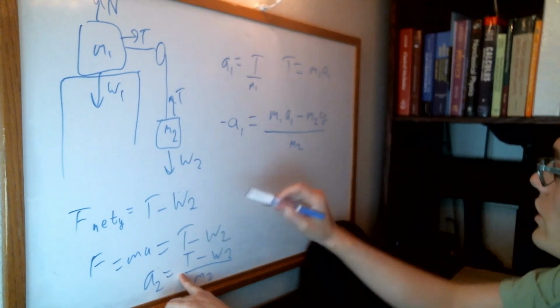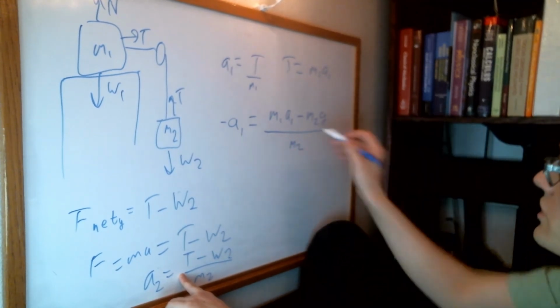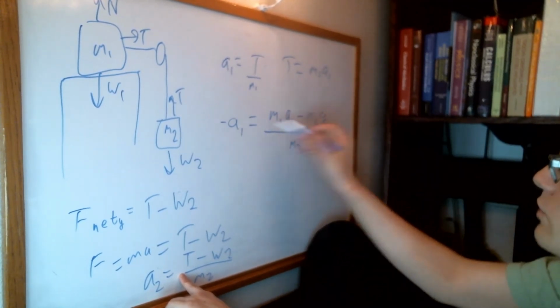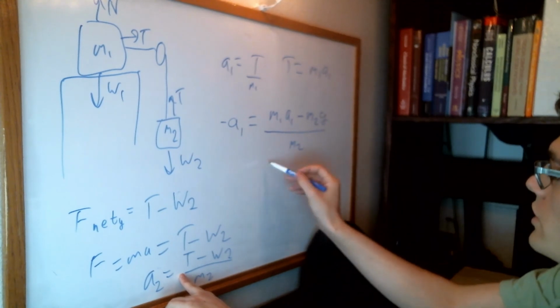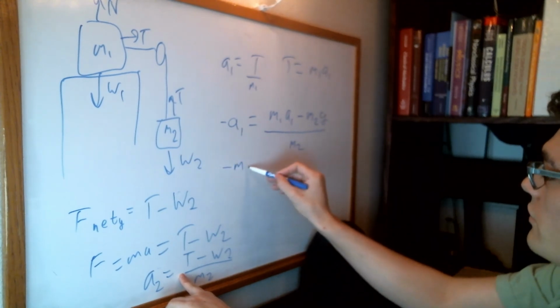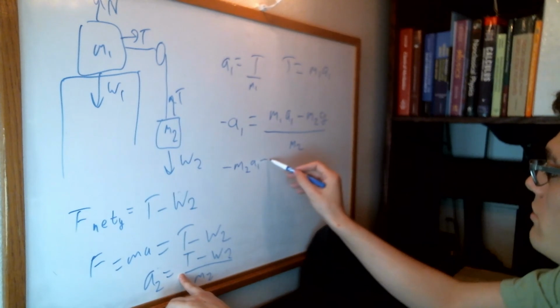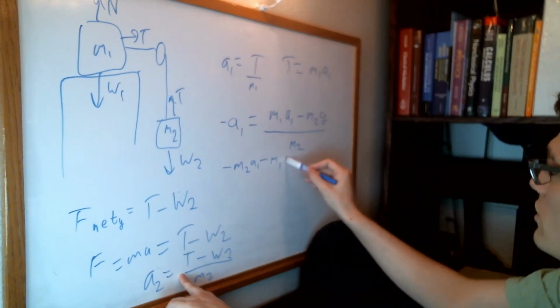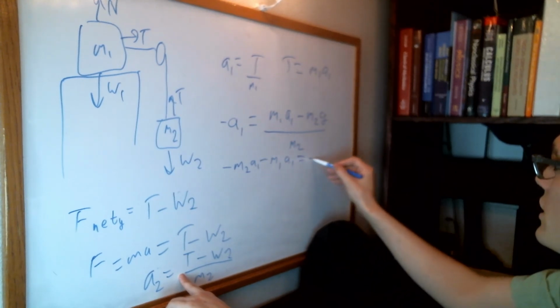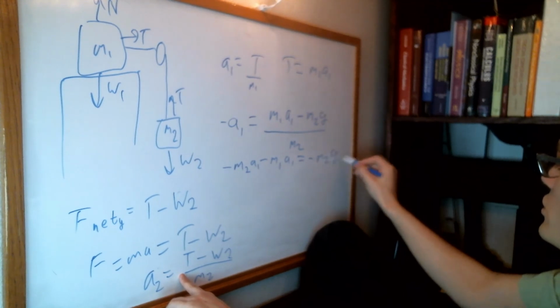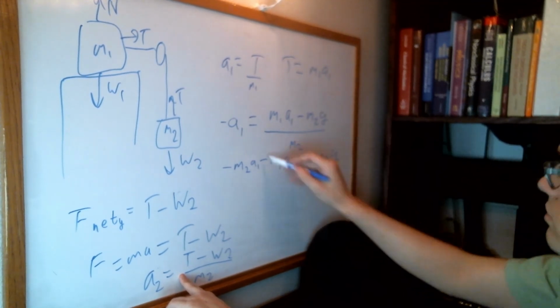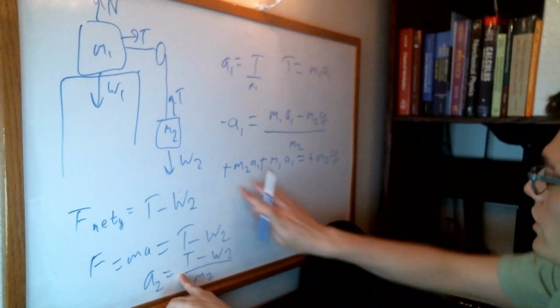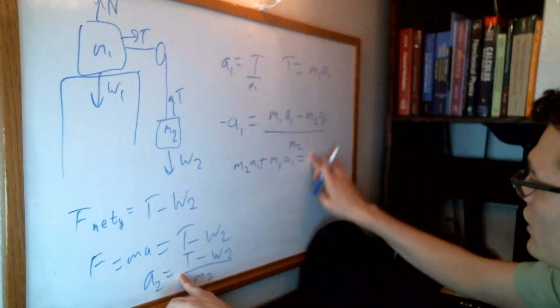And so then we can solve this for a1. We just need to get both of the a1s to the one side. So then we can say that this is equal to negative m2 a1 minus m1 a1 is going to equal m2 g. We can divide this entire thing by -1, so we can remove the negative signs.